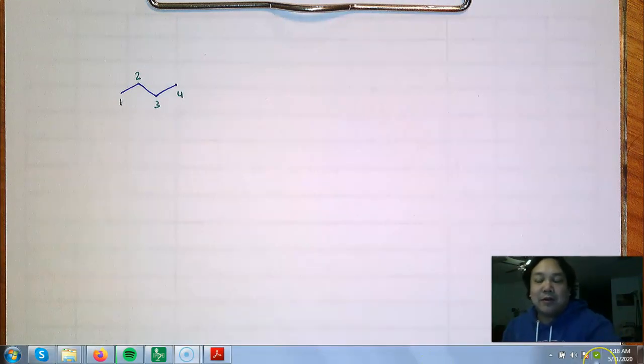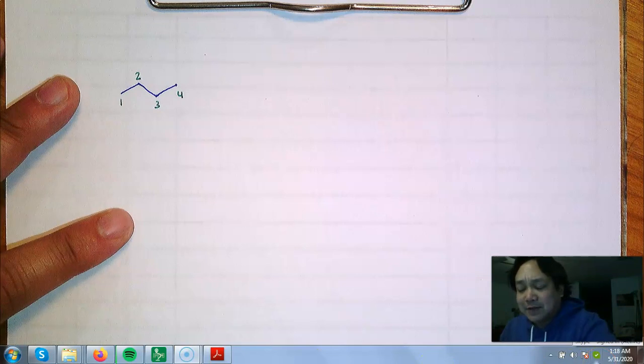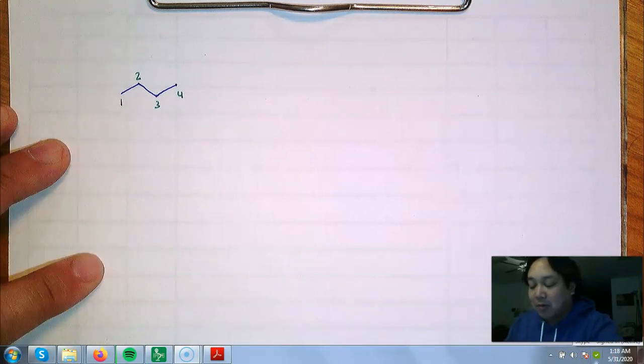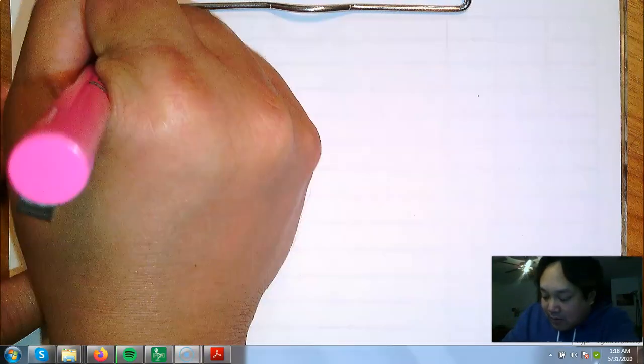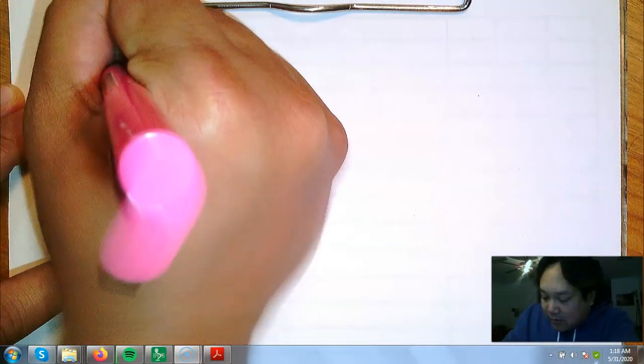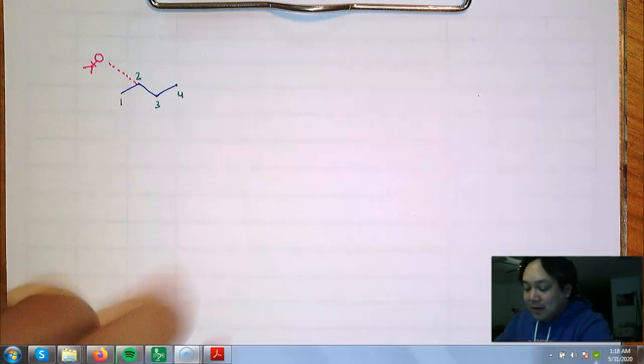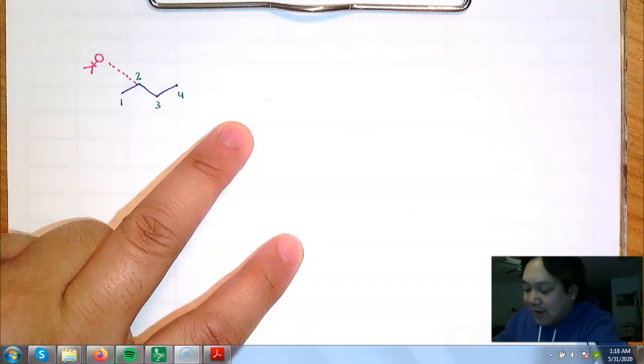This is where your professor has to say specifically which carbon-carbon bond to look down. And I'm going to tell us to look down carbon 2, 3. Like this.